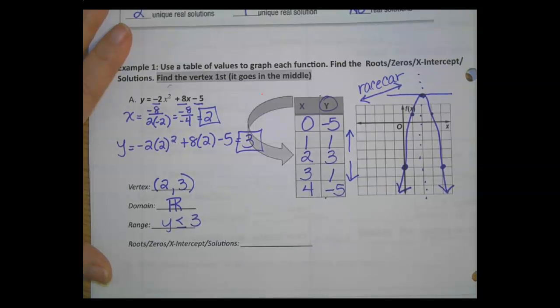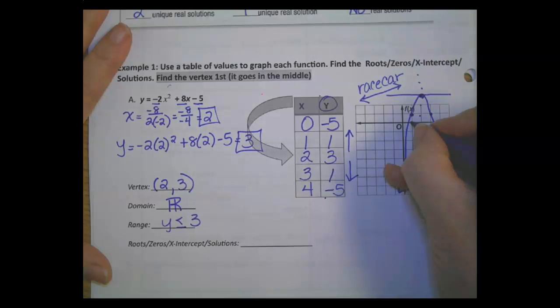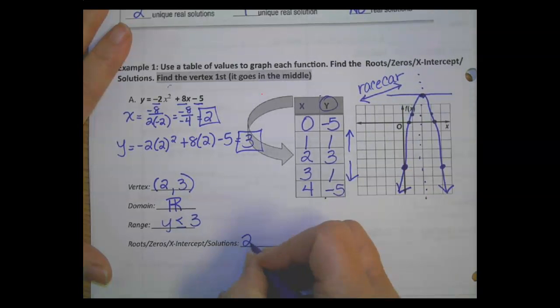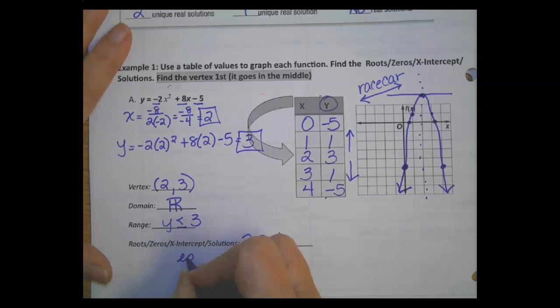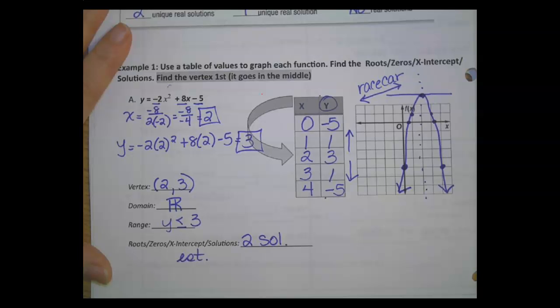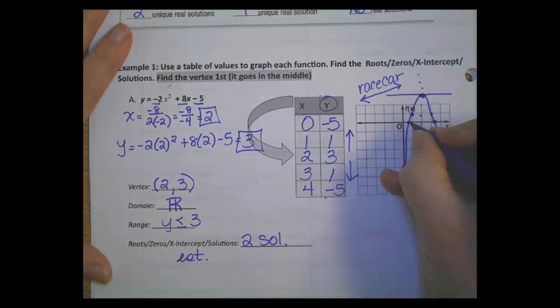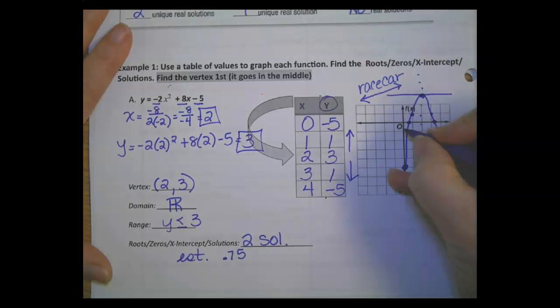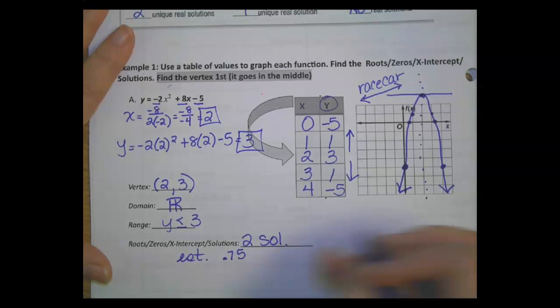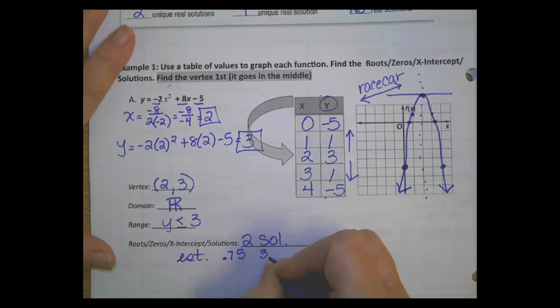How many solutions do I have? I have 2 solutions, here and here. I'm going to estimate what they are. In your assignment, you'll be able to see it. But this one looks like, I don't know, 0.75. And the next one looks like 3.25.